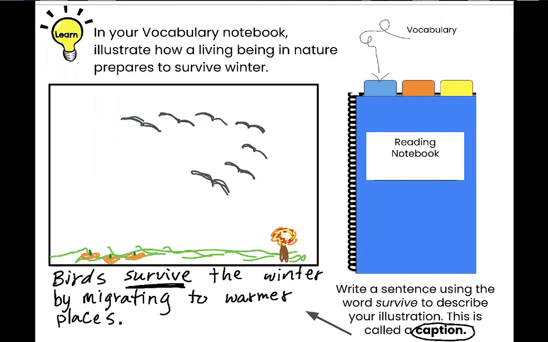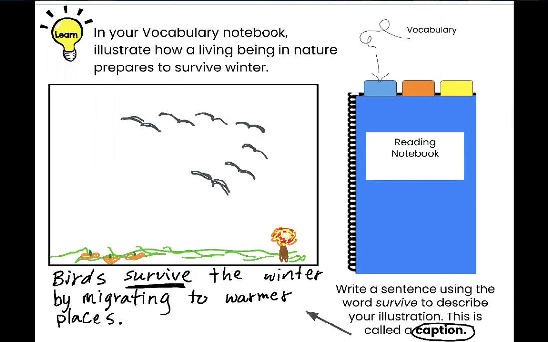So your job right now is to pause the video and draw or illustrate living beings preparing for winter. So you could do birds. I did birds, so maybe you want to pick something else. You could draw squirrels and how they prepare for winter. You can draw a tree and how it prepares for winter. You can check in your Why Do Leaves Change Color book to find out some information on how trees prepare for winter to survive winter.